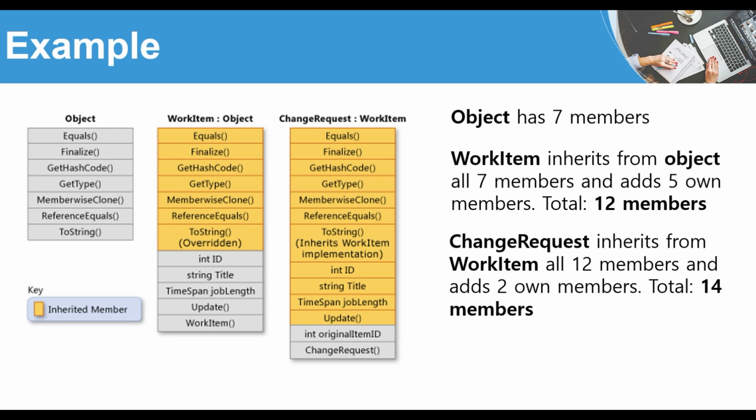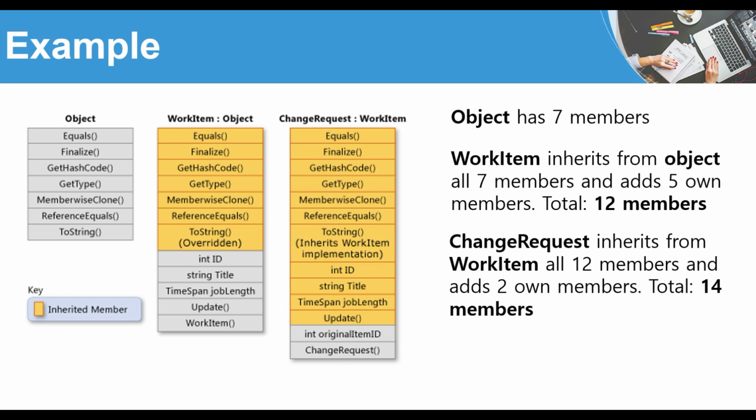And here is the example that I mentioned earlier. Let's assume, for instance, that we have a class object and we have it here on the left of our screen. Now, this class object has 7 members, like equals, finalizer, get hash code, and so on.